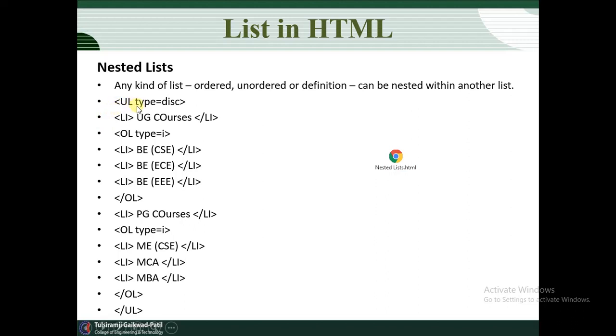What are the different elements under the OL tag? We have them under the disc. UG course is under the disc, PG course is under the disc, and the sub element we have declared is OL type equals to 1 2 3 4 5. So it shows the nested list. Thank you.